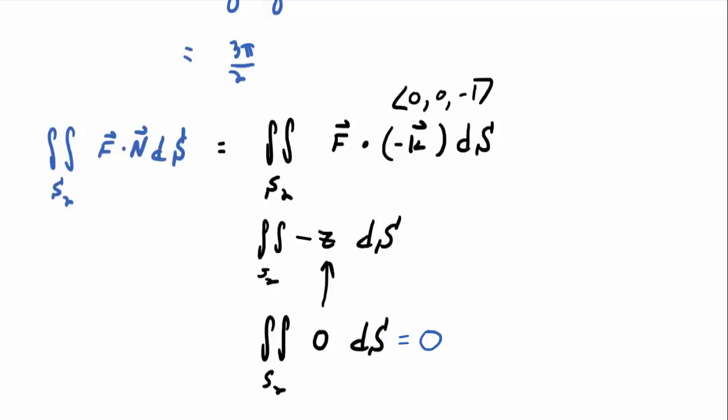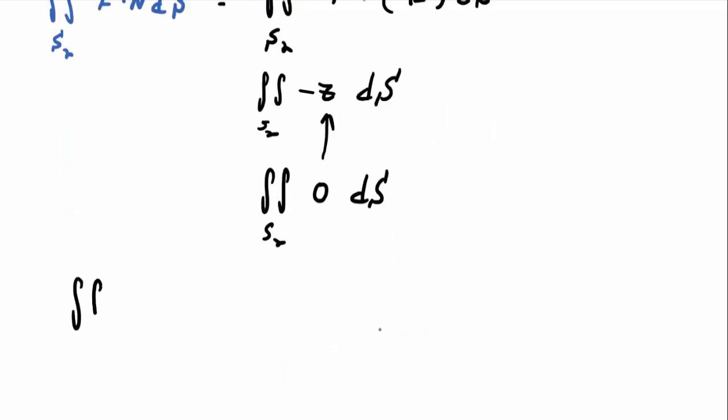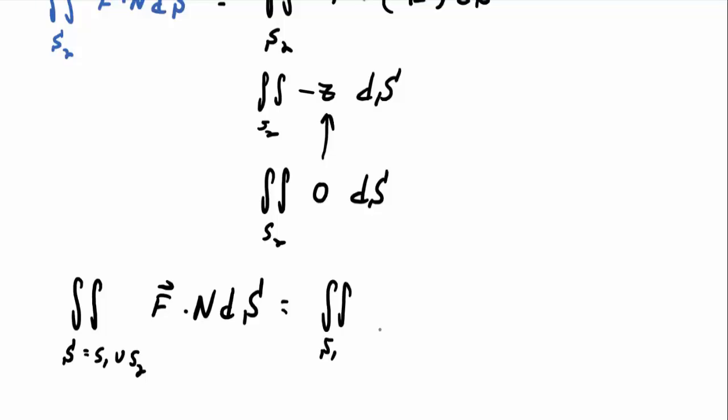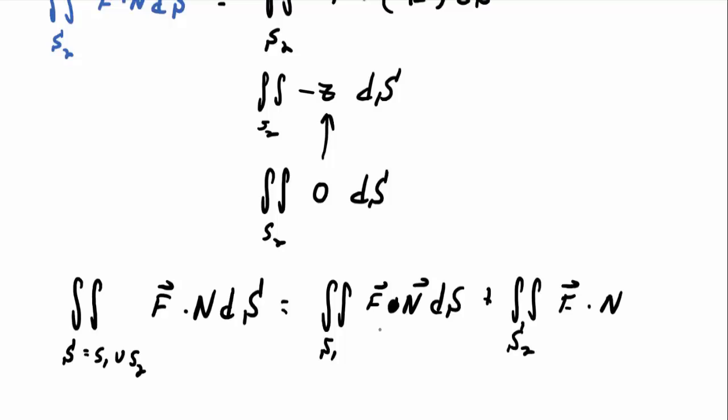So the integral over S, which is the integral over S1 union S2 of f dot n dS, this flux integral, would be the sum of the integral over S1 plus the integral over S2, f dot n dS, but we know this one's 0, and we know this one, I think it was 3 pi over 2.